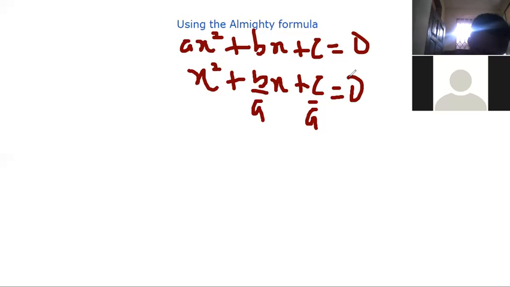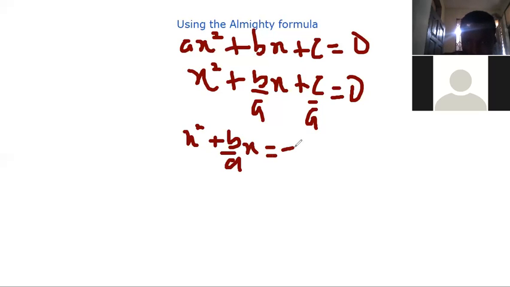Now, when we get here, we bring this one here, so this one becomes negative. We are going to get x squared plus b all over a x is equal to minus c all over a. Do you agree?